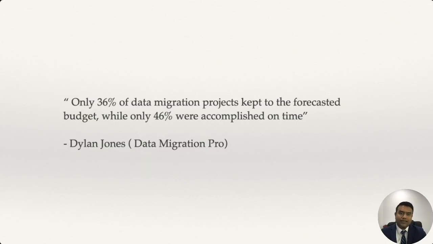So, with data migration, your success ratio is almost 50-50, or I would say 40-60, with 60% probability of a failure. Maybe that's why legacy systems are so prevalent today, and retiring them is not at all painless.